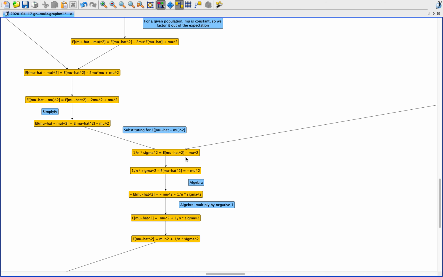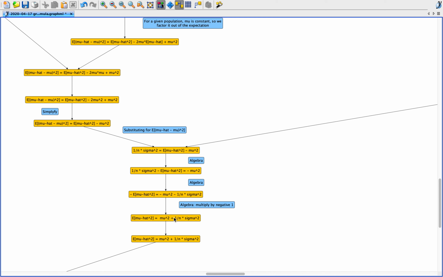Right, so then we're just substituting that in. Now we want to put the expected value of mu hat squared on one side of the equation, because remember that's what we're solving for. So we're subtracting it from both sides, and then we're subtracting 1 over n sigma squared from both sides.